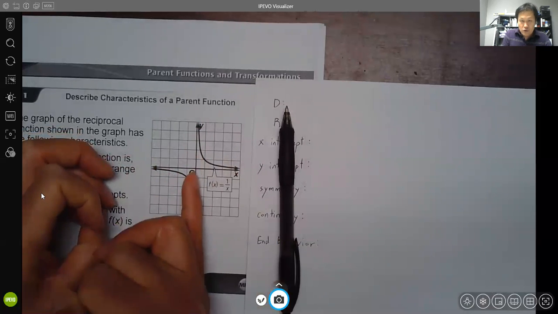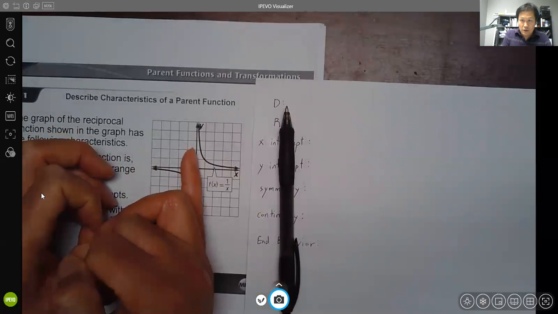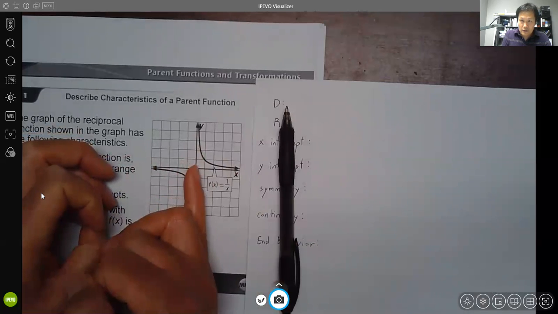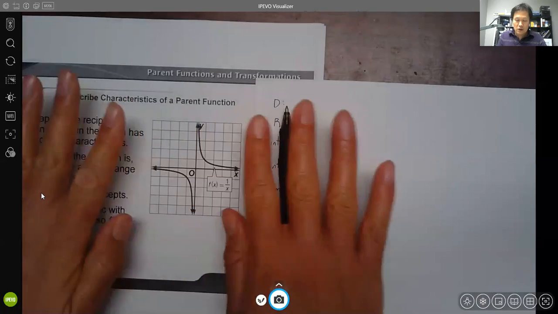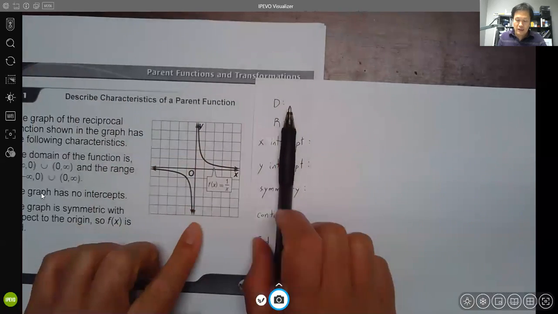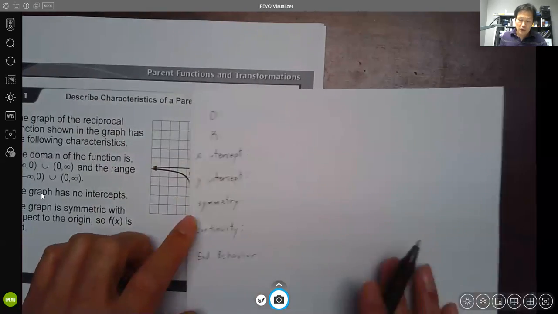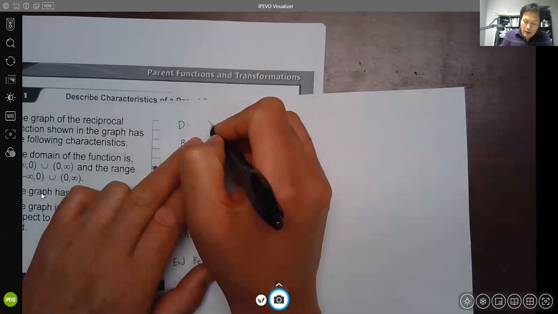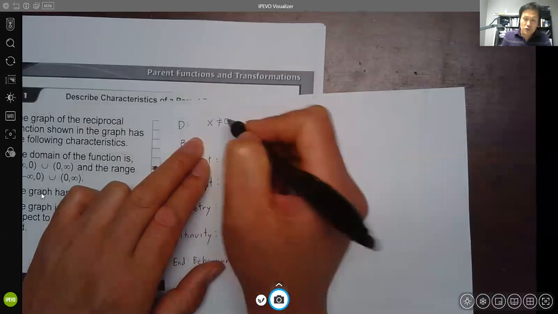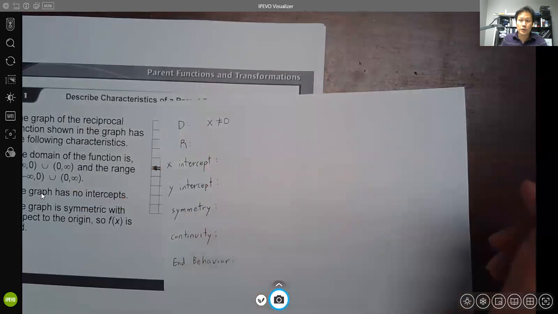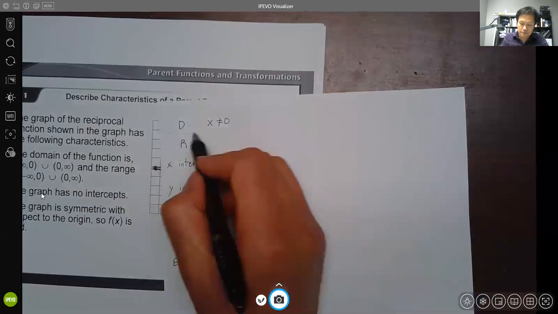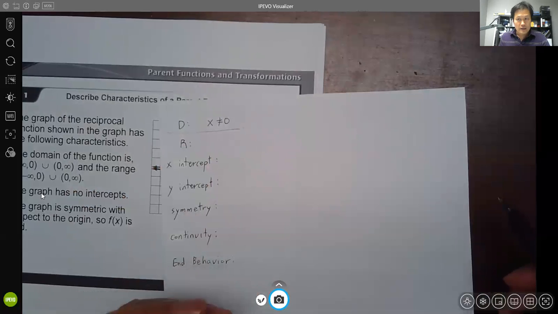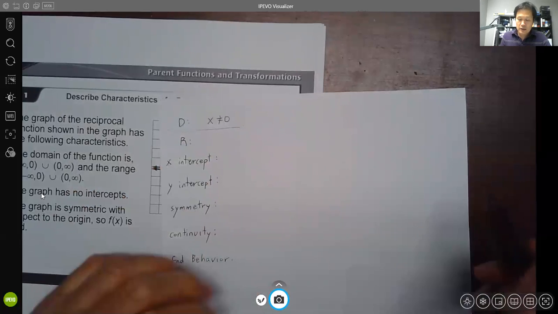At x equal to 0, there's nothing there. It's not defined. So the domain covers everywhere but x equal to 0. So how am I going to answer this? x cannot equal 0. Done. That's the answer.